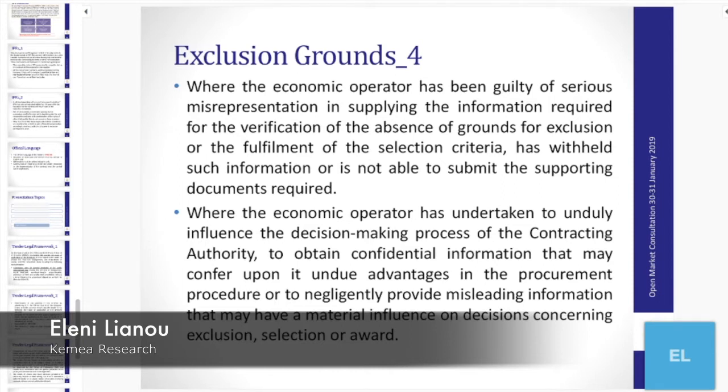Also, where the economic operator has undertaken to unduly influence the decision-making process of the contracting authority, to obtain confidential information that may confer upon it undue advantages in the procurement procedure, or to provide misleading information that may have a material influence on decisions concerning exclusion, selection, or award.